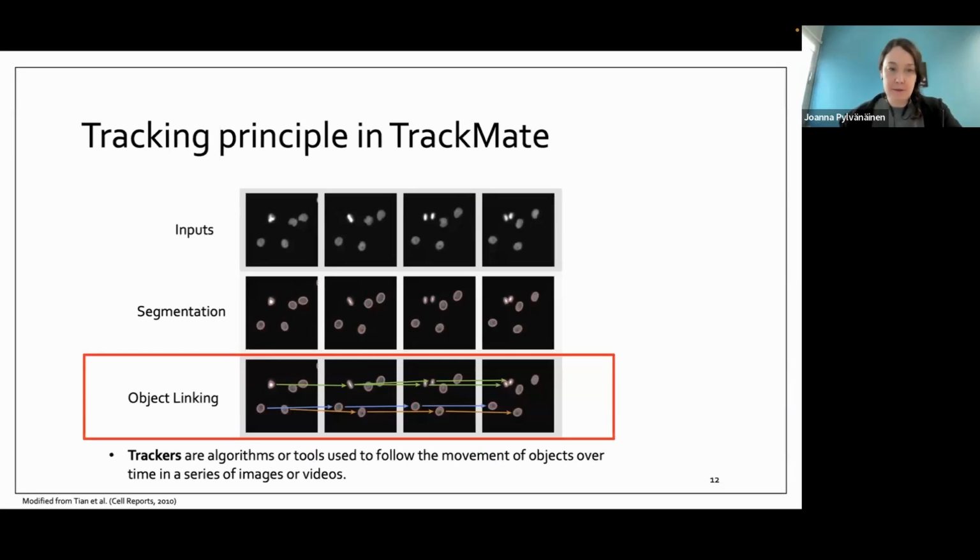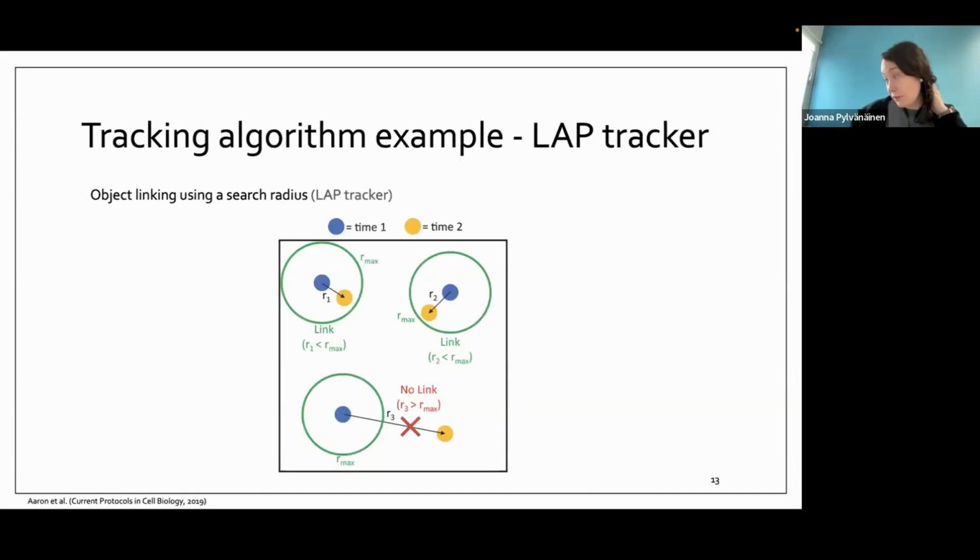The second step of the tracking pipeline in TrackMate is object linking. And this essentially means that we need to link objects to each other in time to be able to follow where they move. In TrackMate, there are several different trackers available, and I'm just going to show some examples here.